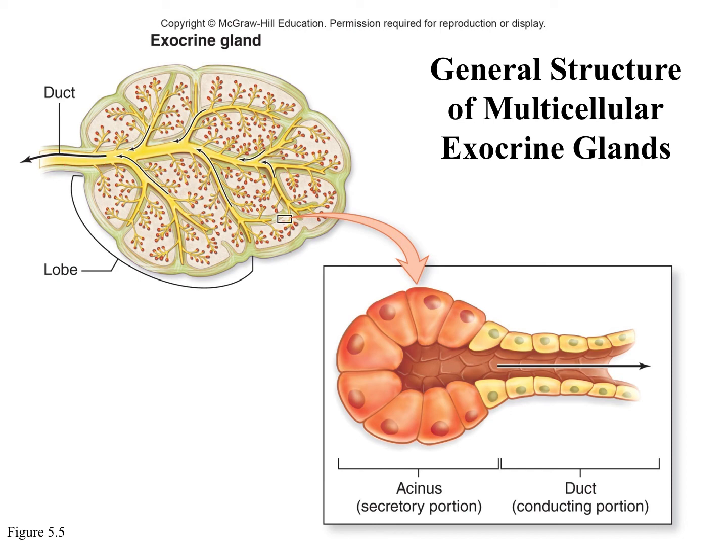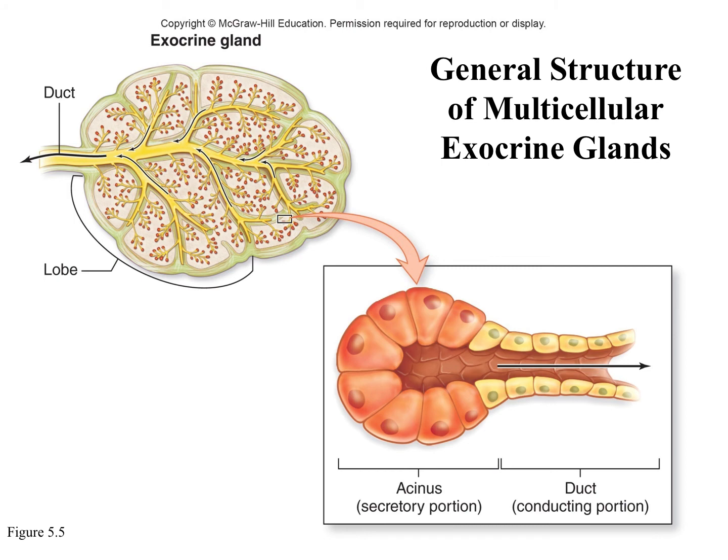At the end point are these things called acinus, or acini, plural. And those are the specialized epithelial tissue that produce the secretions. Okay, so saliva, sweat, etc. are produced in these specific epithelial tissues, usually at the end of the ducts.